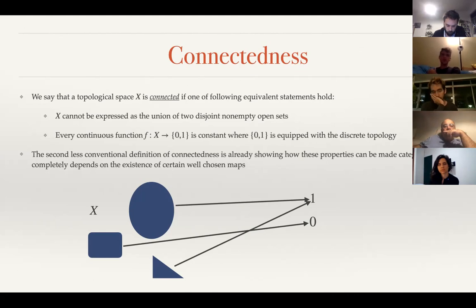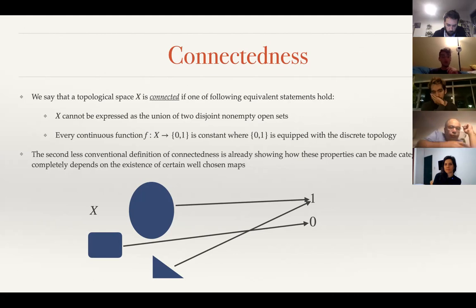So it's just a 2-point set, and anytime I have a continuous function, it's going to be constant. Because there are only two options and the discrete topology, you cannot jump between 0 and 1 in anything that shares an open set, or anything that is sufficiently close to one another.